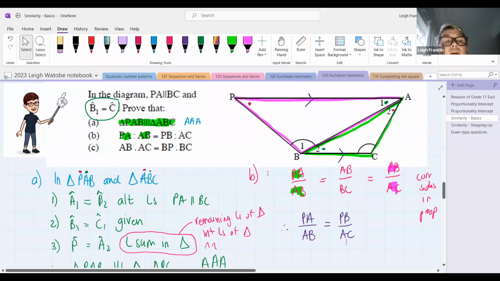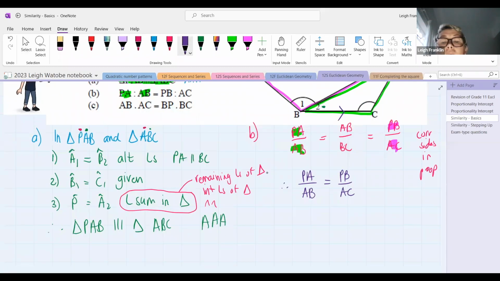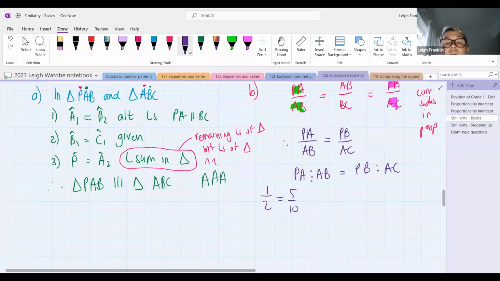And now I can compare the numerator to the denominator in the one proportion with the numerator and the denominator in the other proportion. Sorry, I said triangle, but I meant proportion. In other words, if you have 1 over 2 equals 5 over 10, what we are doing here is the equivalent of 1 is to 2 is the same as 5 is to 10, if we were working with numbers.